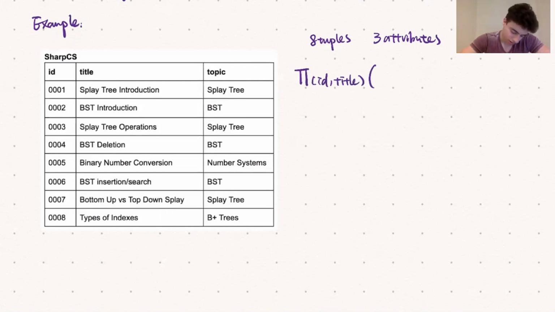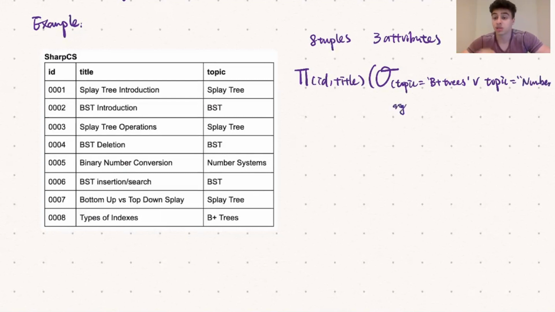And it's going to take as its relation a new expression, which is going to be a select with the parameters topic equals B plus trees, or, because it's going to be a complex predicate, topic equals number systems, of our table here, Sharp CS. So of course, because this select returns a relation, we can pass this into the first parameter of our projection.